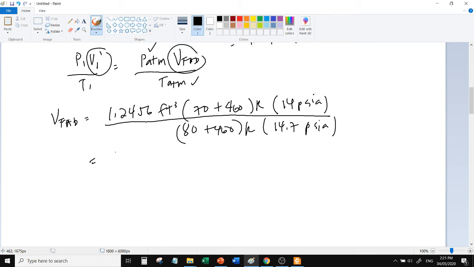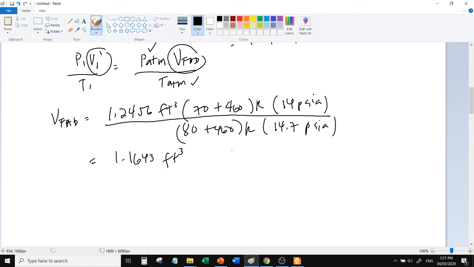And we will get the volume of free air delivery na 1.1643 feet cube. Pero dyan ba matatapos yun?